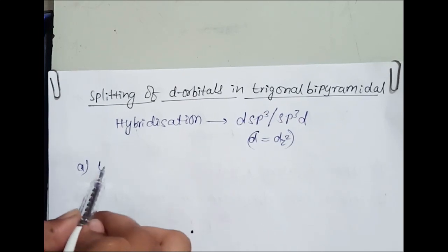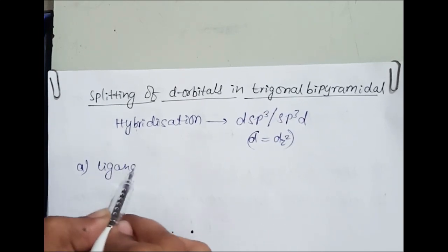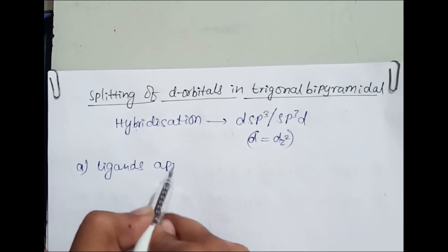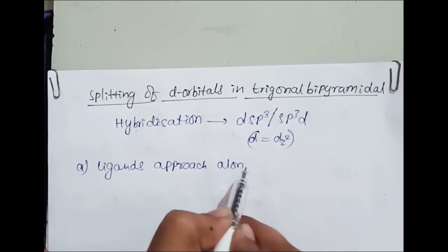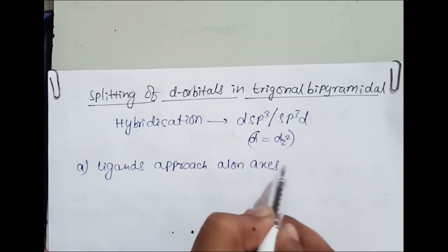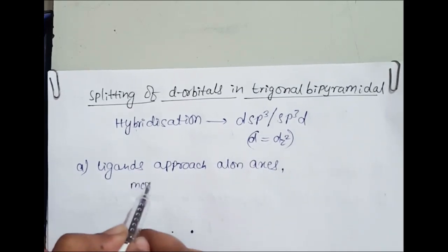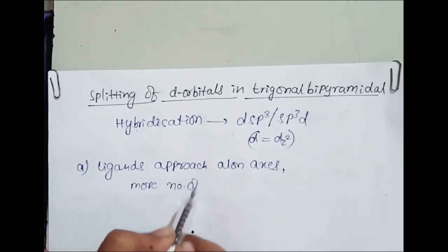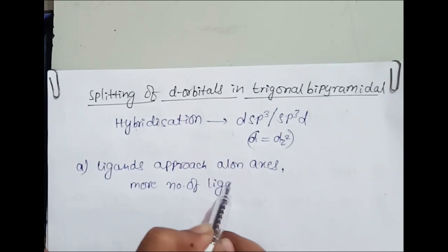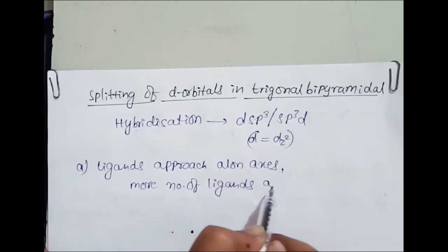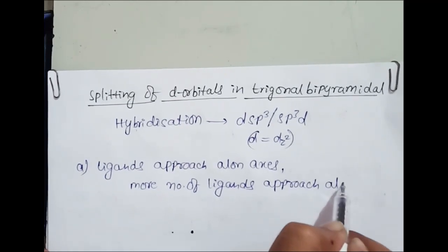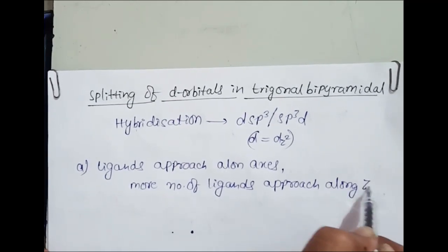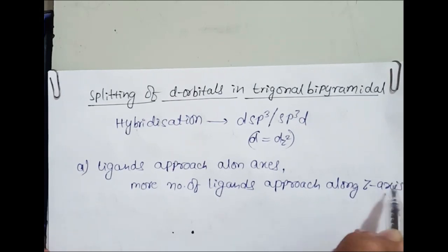One is that ligands approach along the axis, but more ligands approach along the z axis. That is point number 1.